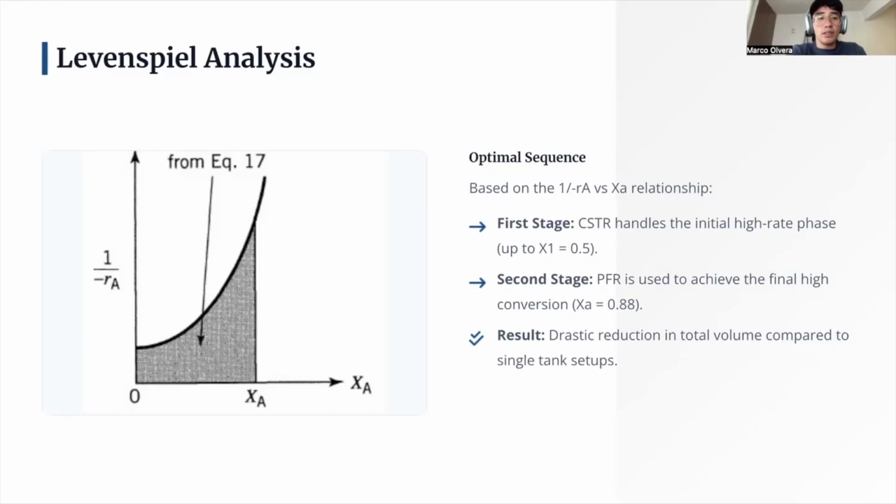As we see in this graph, we can manipulate it up to 0.5 as a CSTR, as we know that the CSTR is a rectangle, and as this graph increases, then we can use a PFR, as it is the area under the curve.